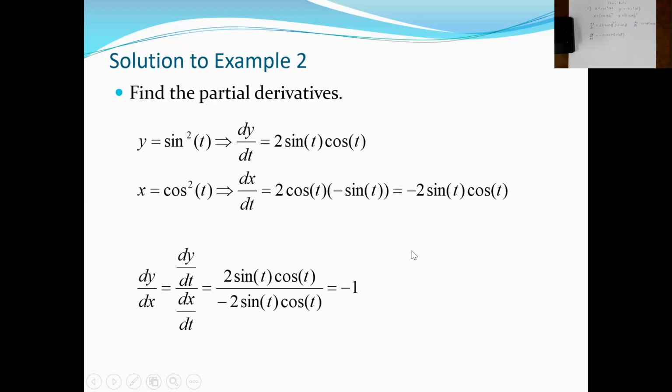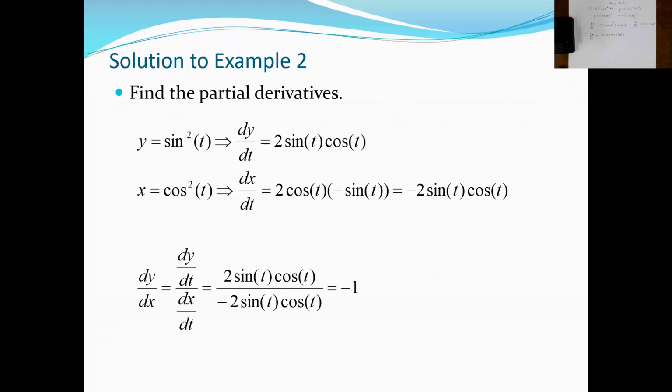I now have the 2 derivatives via chain rule, which are dx/dt equals negative 2 cosine t sine t. It's reversed in this PowerPoint, but don't worry, it works out the same. And then dy/dt is 2 sine t cosine t.